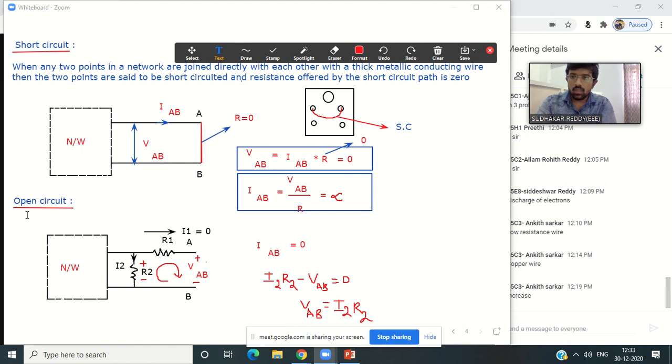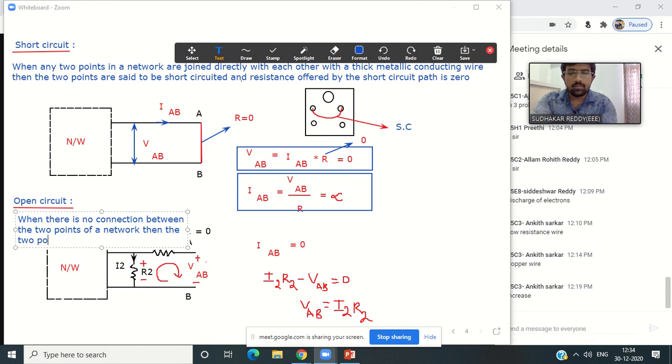When there is no connection between the 2 points of a network, then the 2 points are said to be open circuited. Yes or no? Said to be open circuit.